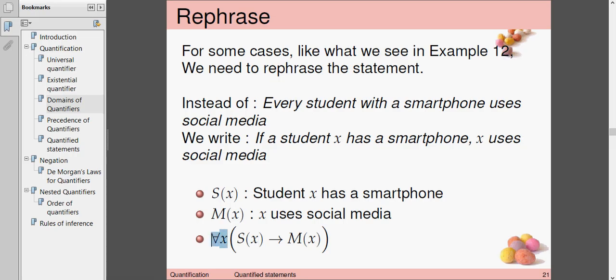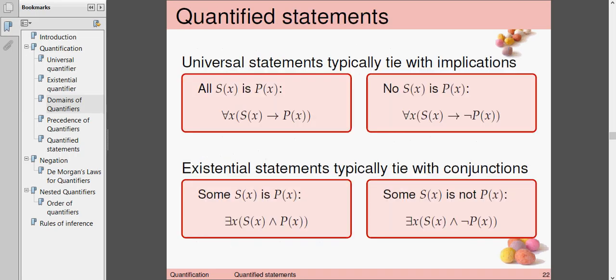So here we can say it is universal, or for each student. For all X, S(X) implies B(X). So we can say universal, or for each X, for every X. This is correct because we have all.